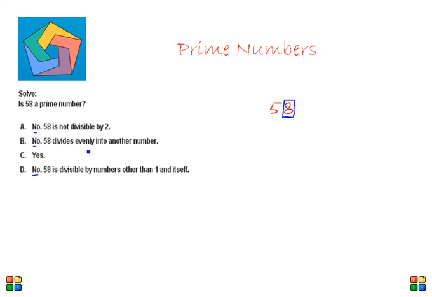Another says 58 divides evenly into another number. And the D option says 58 is divisible by a number other than 1 and itself, which seems to be correct if we have to define prime numbers. So we can have this as the correct answer, that is D.